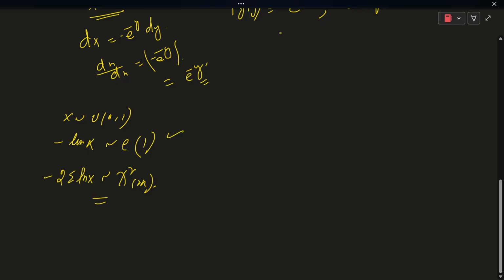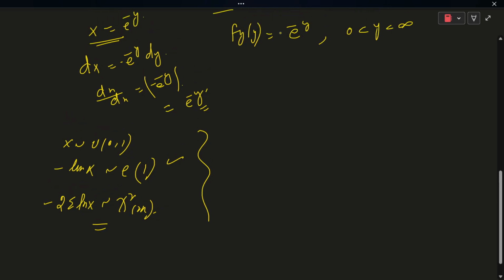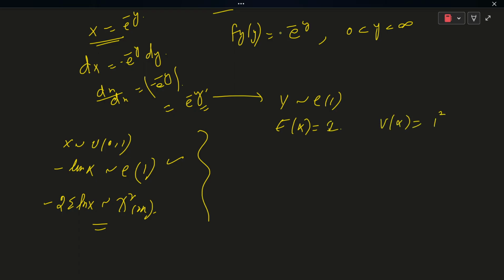But remember this only. What will be the expectation when y follows exponential 1? Expectation is the mean mu, that's 1, and variance will be mu squared, that's also 1.